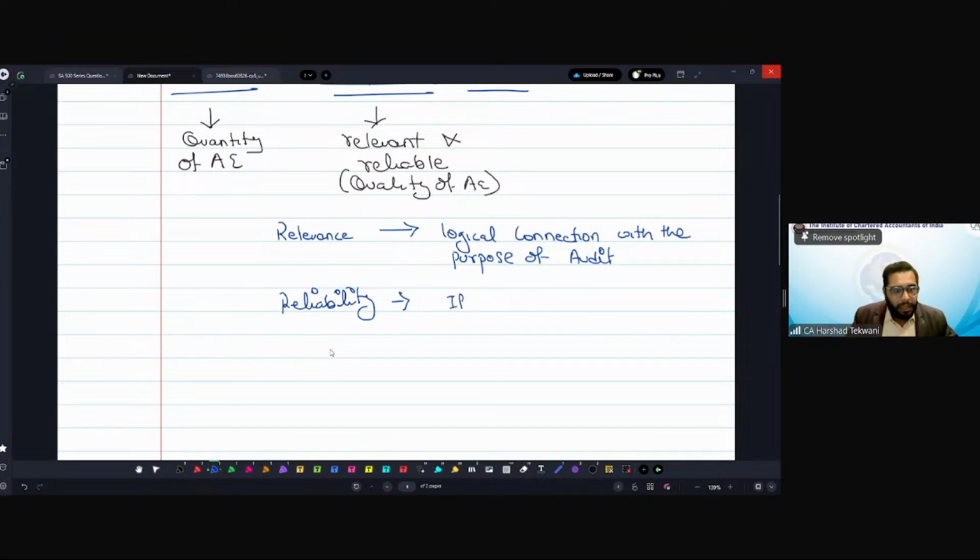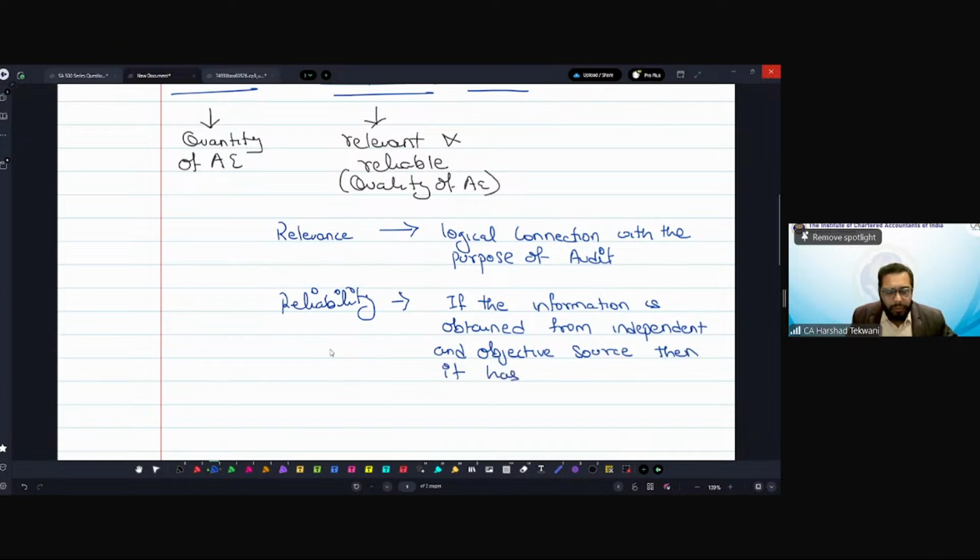If the information is obtained from an independent and objective source, then it has higher reliability.